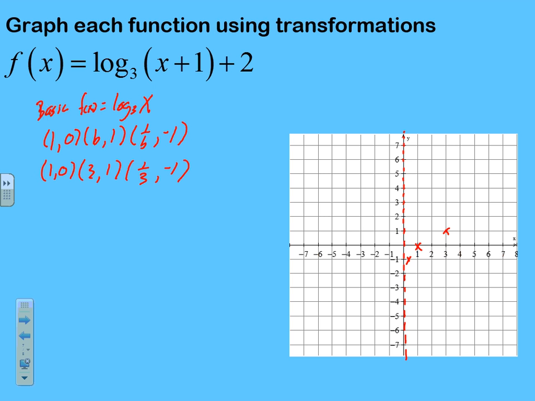transformations. So the x plus 1 in parentheses says to shift the function left 1 unit, so that's a side-to-side motion. Mathematically, that would simply say to subtract 1 from the x numbers.